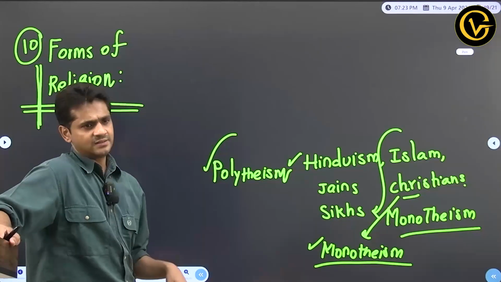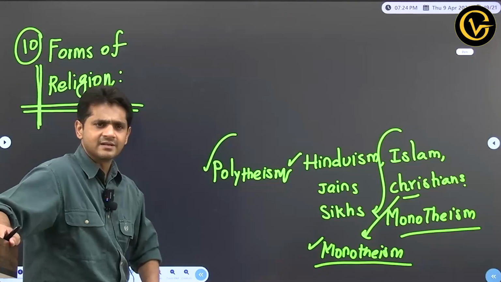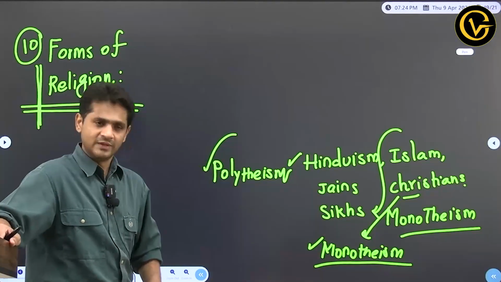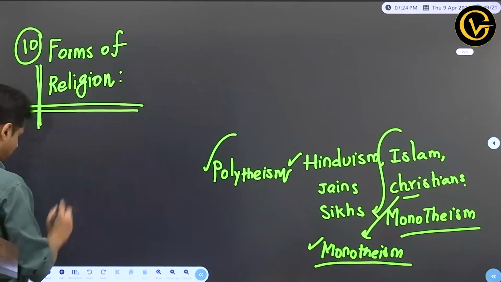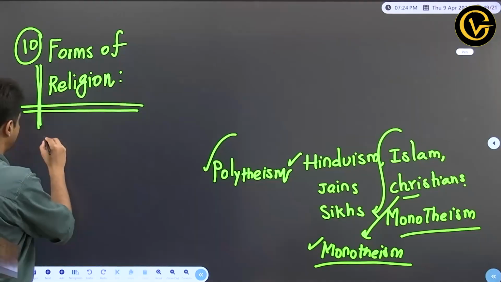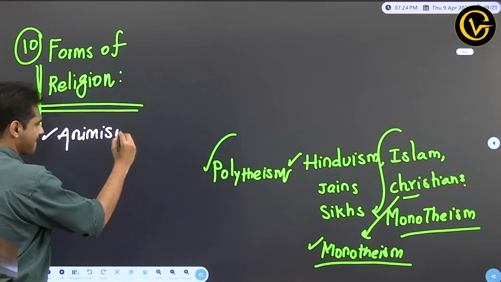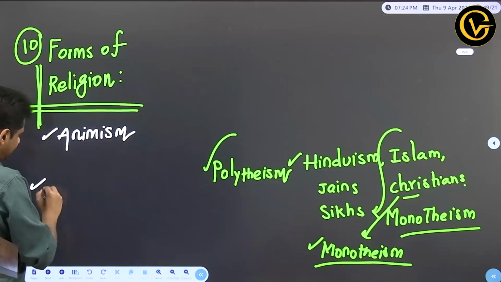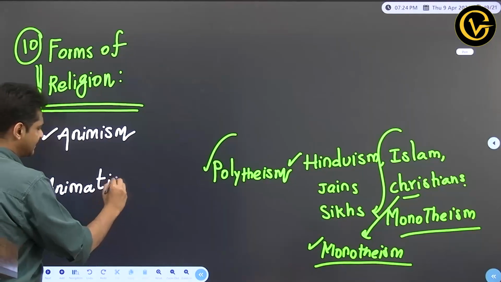Now my question is, are these the only religions we have on the planet? Actually no. We think only these are the religions, but there are other forms of religion which we generally are not very familiar with. Animism, animatism, all this we will discuss in the regular class in more detail.